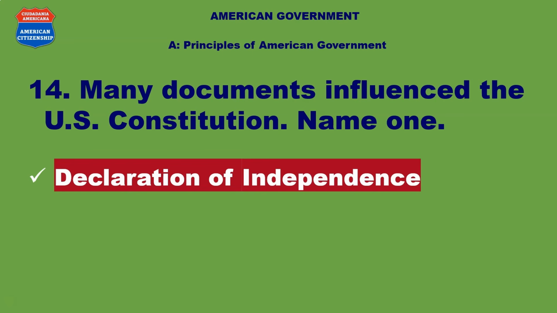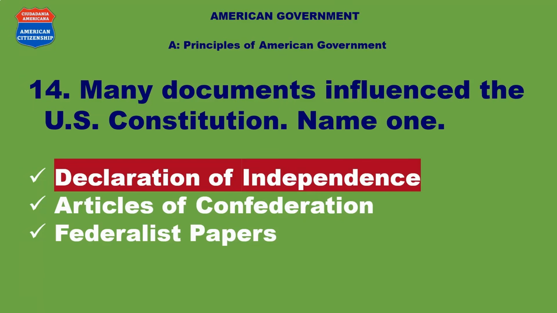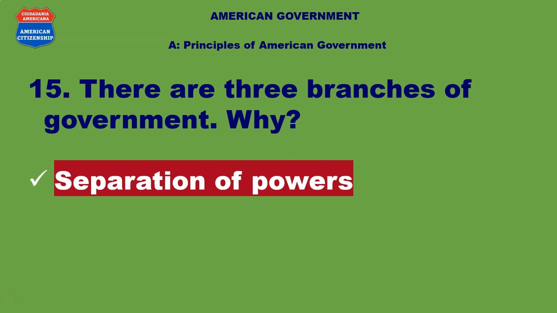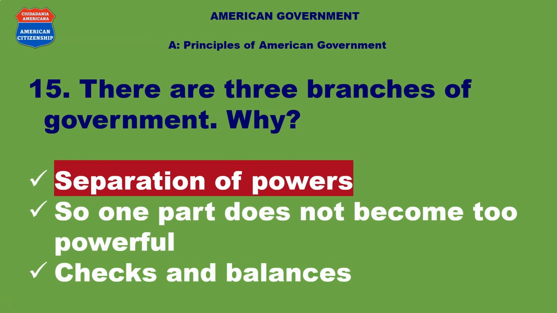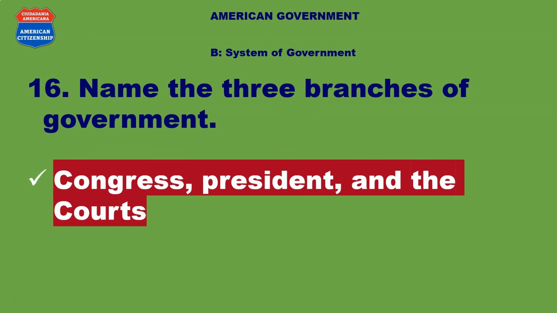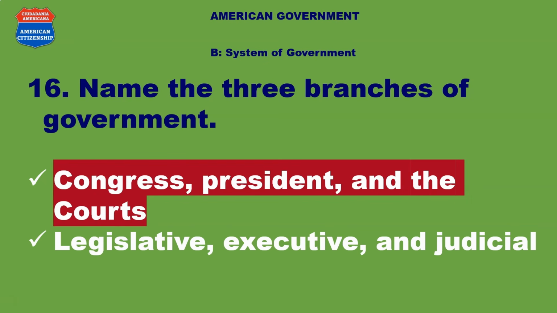The Declaration of Independence. There are three branches of government. Why? Separation of powers. Name the three branches of government. The Congress, the President, and the courts.